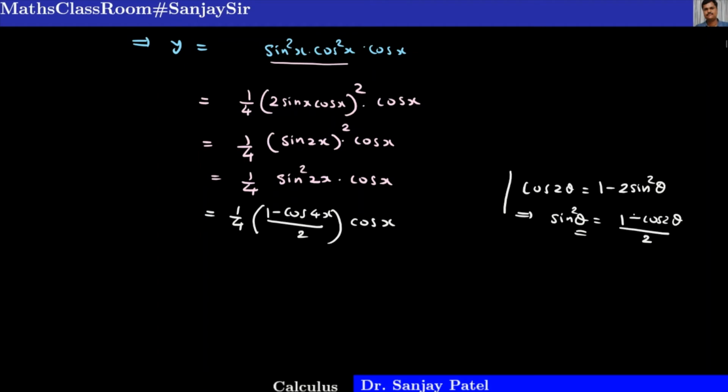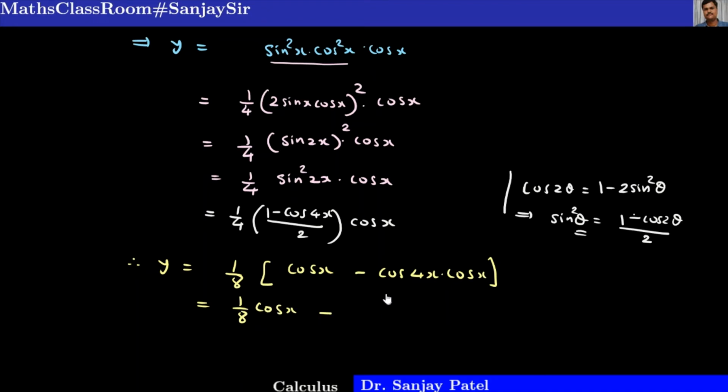Now I can write this as y is equal to 1 by 8 into cos x minus cos 4x into cos x. Okay. Now separating this and writing as 1 upon 8 times cos x minus, again for this I want to use that cos alpha into cos beta formula.